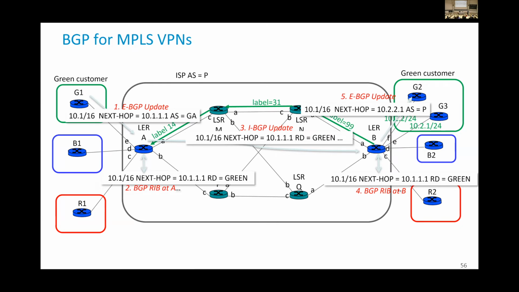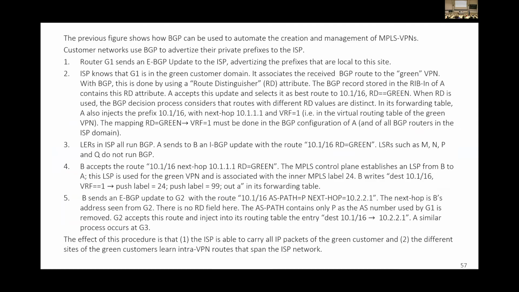It allows us to distribute the routing information, which is entirely private, inside the private domain by running BGP across a public domain, across the ISP. This is the typical combination, which is called multi-protocol BGP, MP-BGP for MPLS. And this is how a very large fraction of the internet today works.